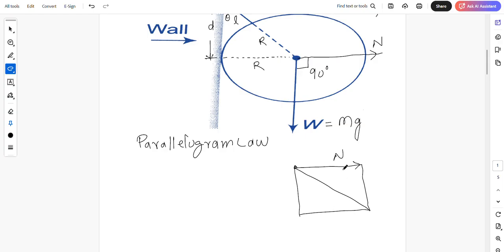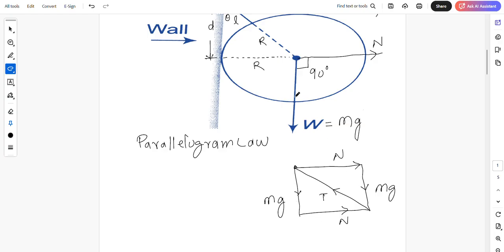This is the normal reaction. This is the weight mg, and this is the tension T. All these three forces are in the same order.